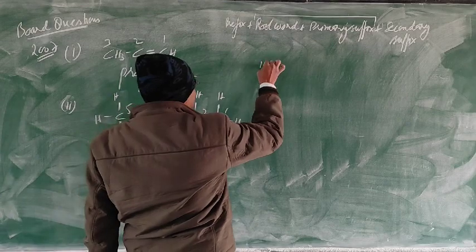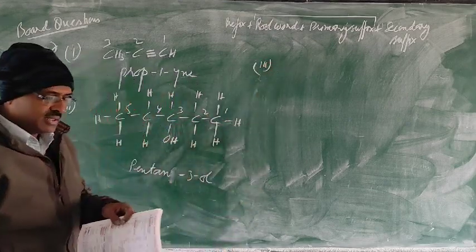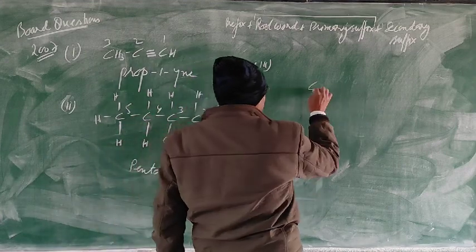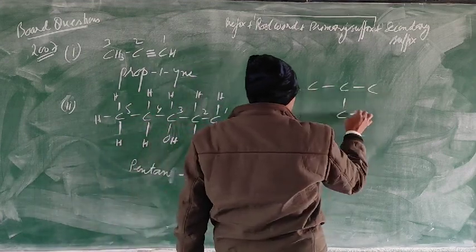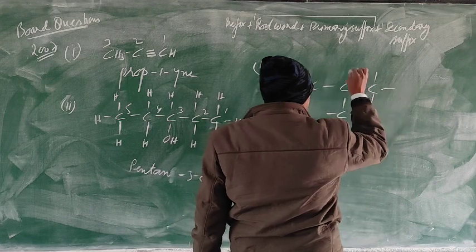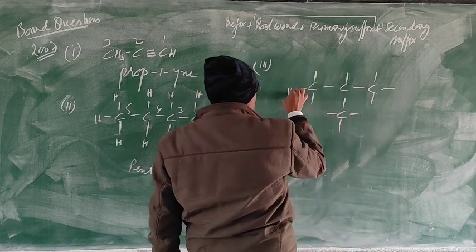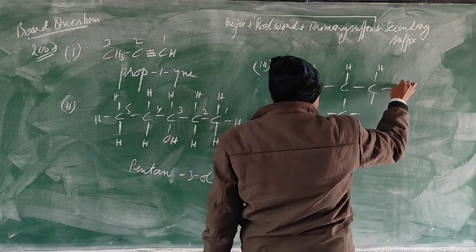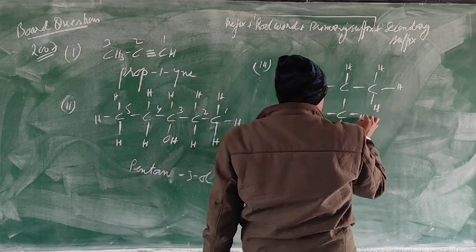Now the third one is given. This is the structure. In this one, this CH3 group is the substituent.